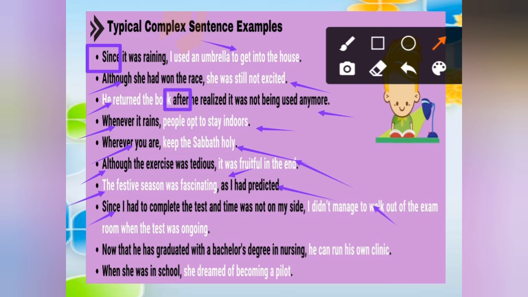Now that he has graduated with a bachelor's degree in nursing, he can run his own clinic. So now that, here also, although we use it very rarely, student. Now that, this is the conjunction here. When she was in school, she dreamed of becoming a pilot. Again identify when.